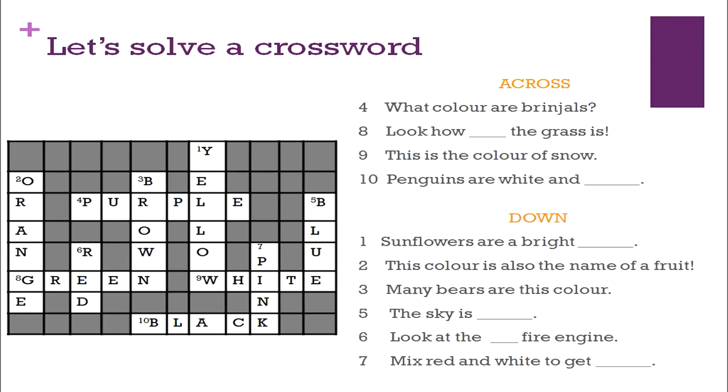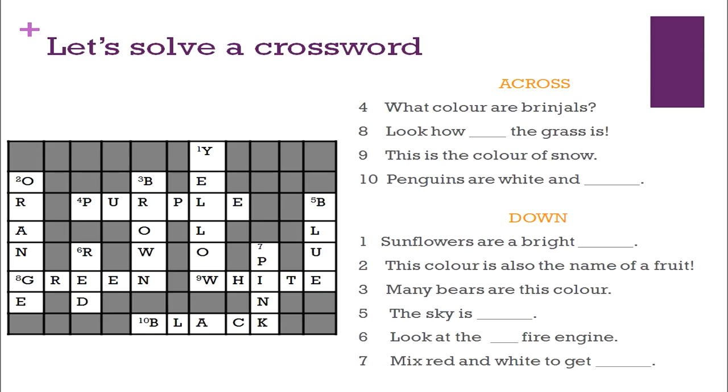Yes. What color are brinjals? They are purple. Look how green the grass is. See, across. You look at the words across. You will find the word green, you will find the word white, purple, black. Penguins are white and black. Similarly, down means from up to down. Sunflowers are a bright yellow.